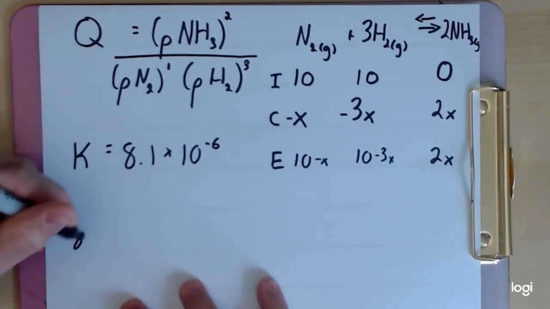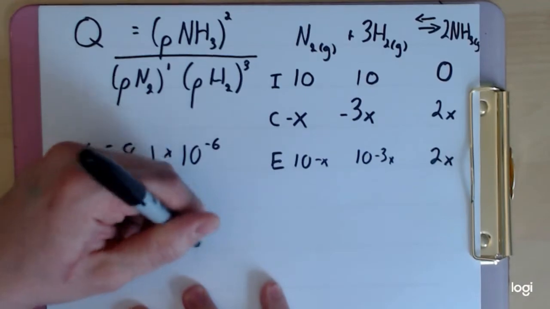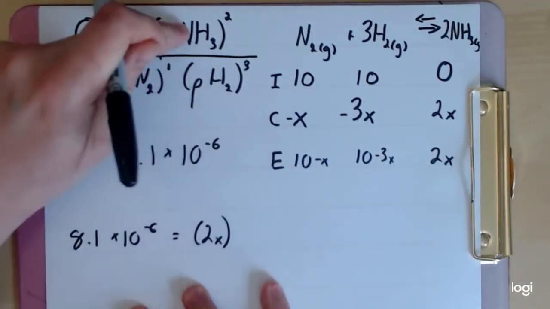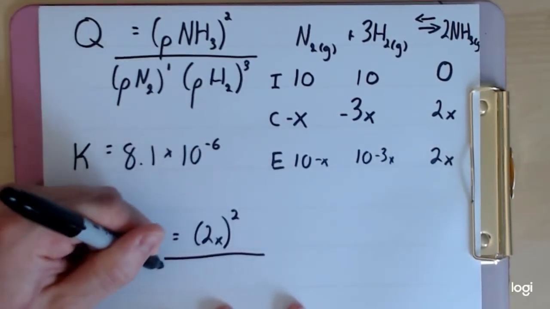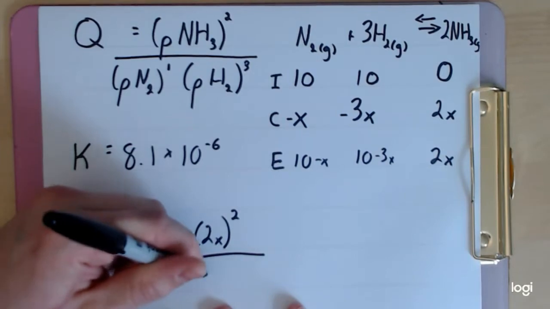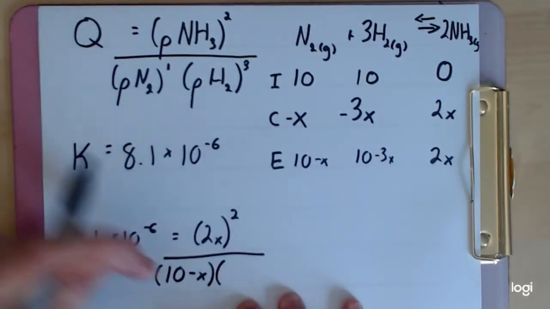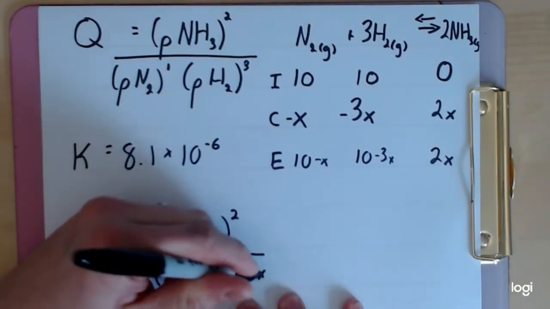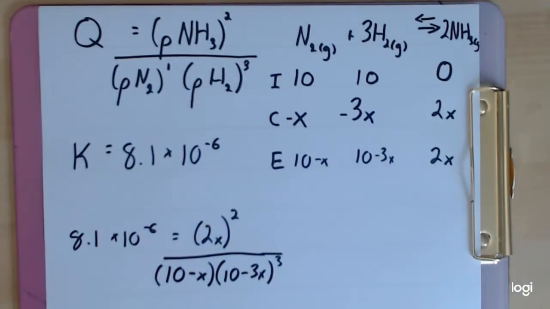So we get 8.1 times 10 to the negative 6 equals 2x, the product, right here, squared, over the expression for the equilibrium pressure of nitrogen, multiplied by the expression for the equilibrium pressure of hydrogen, cubed. Because remember, you have a coefficient 3 there.